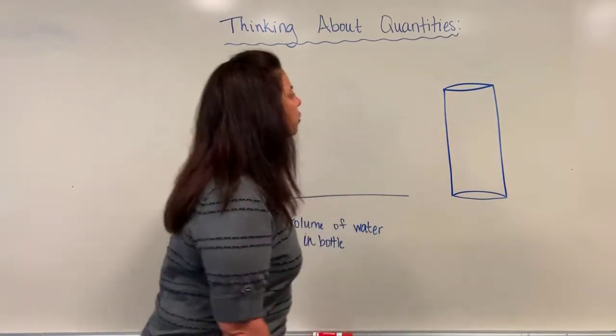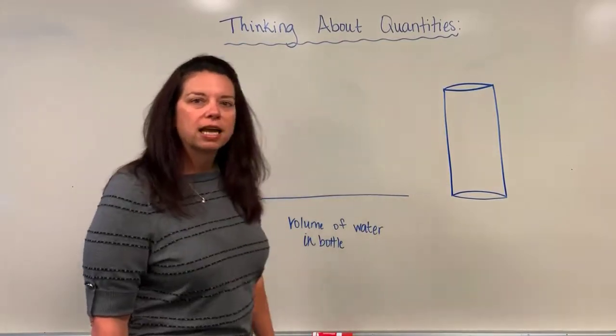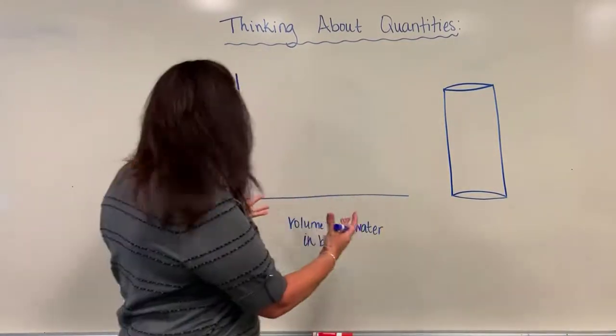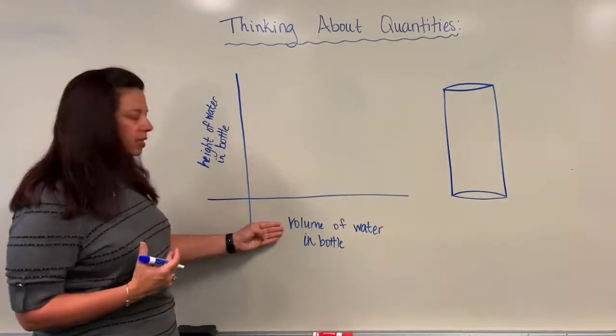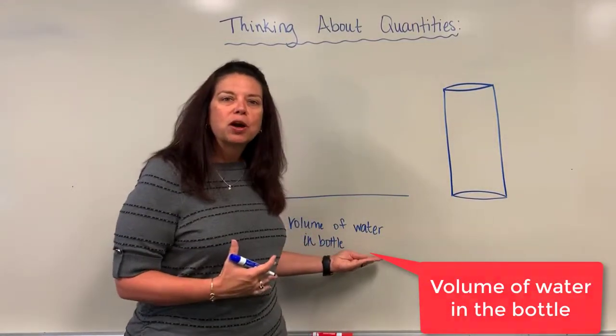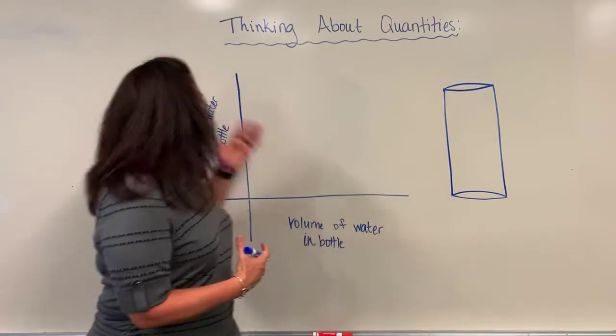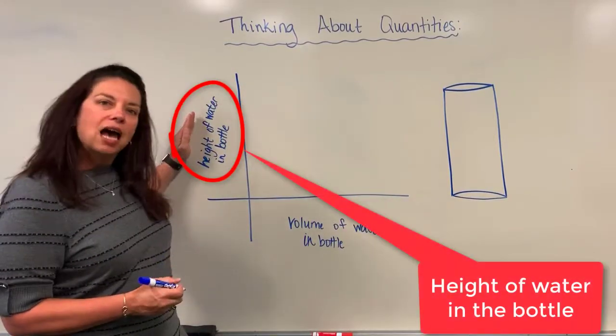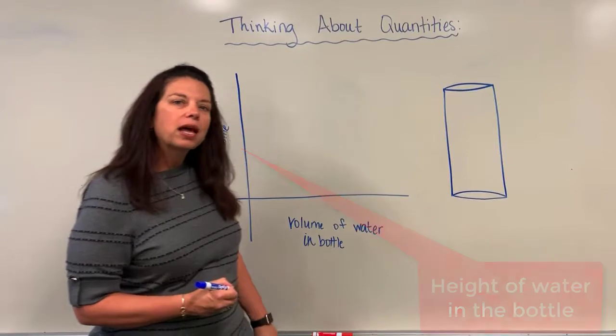Now we're going to be very curious as we do that to graph what is actually happening with those two quantities. So we have a graph here. We're going to focus again on volume of water in the bottle, and I'm going to have this particular quantity on the horizontal axis. And then I'm going to measure against height of the water in the bottle on the vertical axis.